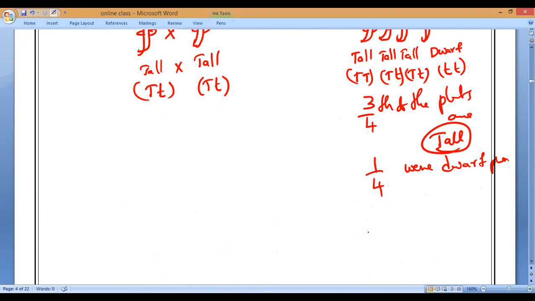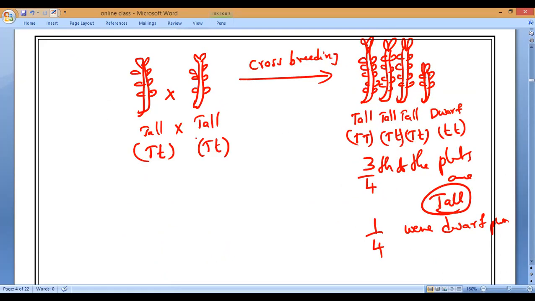Mendel concluded that the trait of dwarfness of one of the parent pea plants had not been lost. It was hidden or concealed in the F1 generation, and it re-emerged in the F2 generation, the second generation.